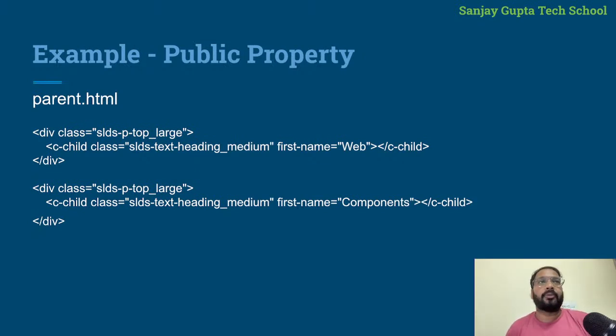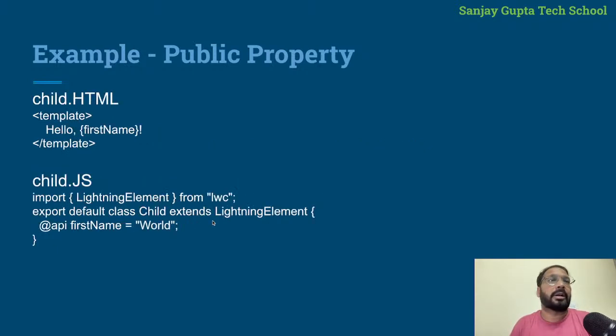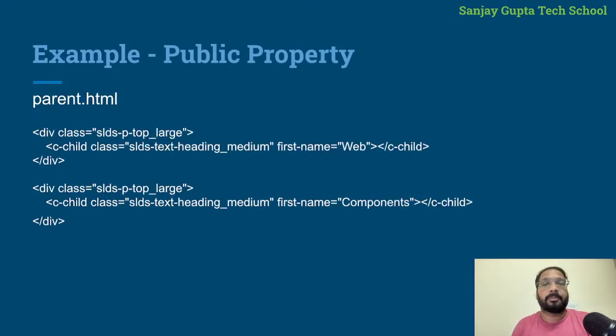Then only if you place the parent component on the home page, it will render the child information. Okay, so I hope this way you are able to understand another use of @api, which is public property.